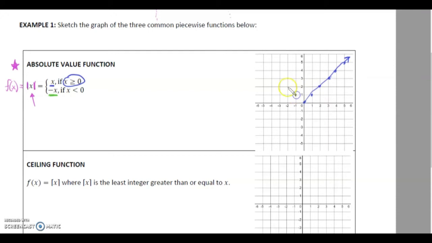So anything less than 0, we're going to go up to the left. These two lines, f at x equals x and f at x equals negative x, make up the absolute value function.